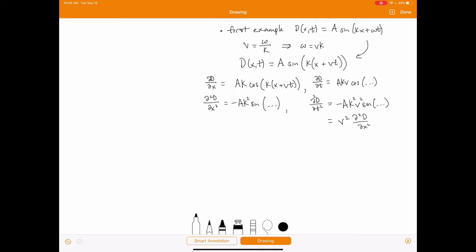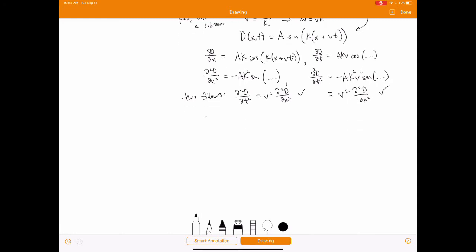And remember, the wave equation says that the second derivative with respect to time of our displacement is equal to v squared times the second derivative with respect to position. And that's exactly what we showed here. So yes, this is a solution to the wave equation. Okay, so basically by direct substitution, this is a valid solution.